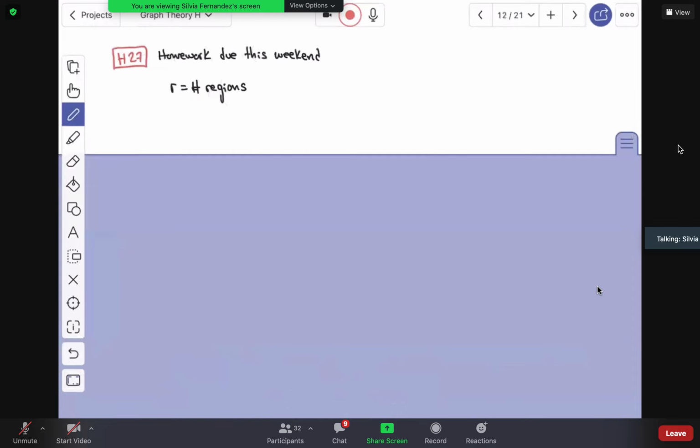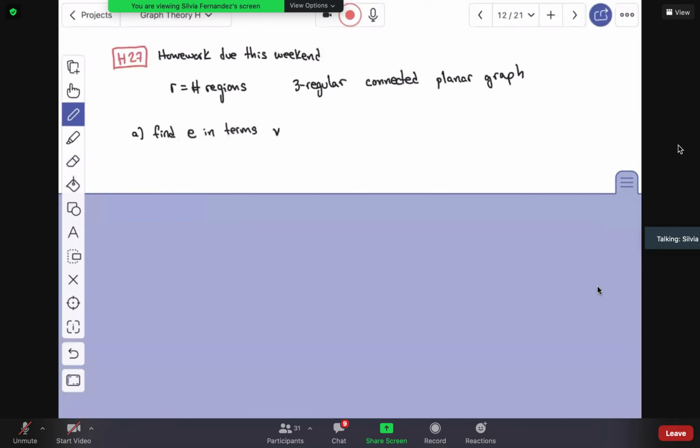in a plane diagram of a 3 regular connected planar graph. Okay, so you need to find E in terms of V, the number of edges in terms of the number of vertices.